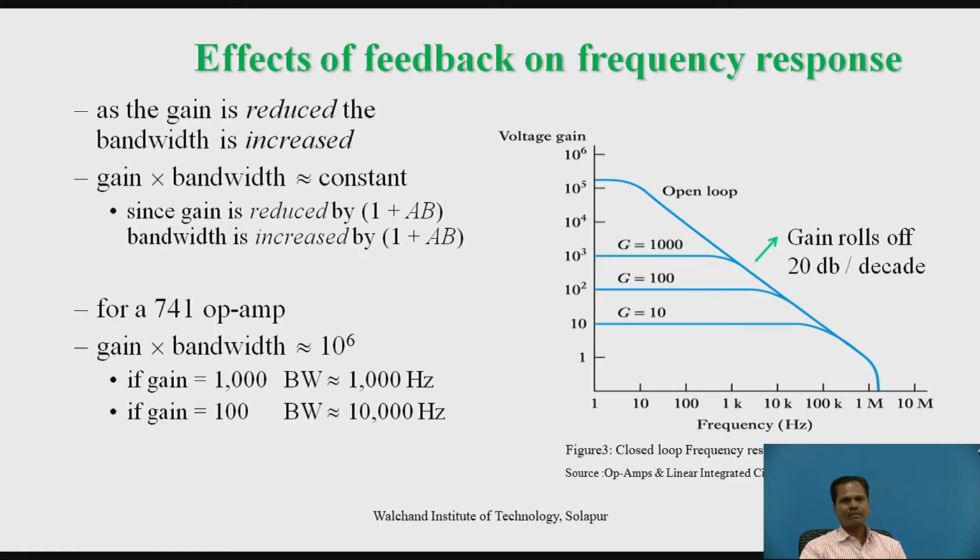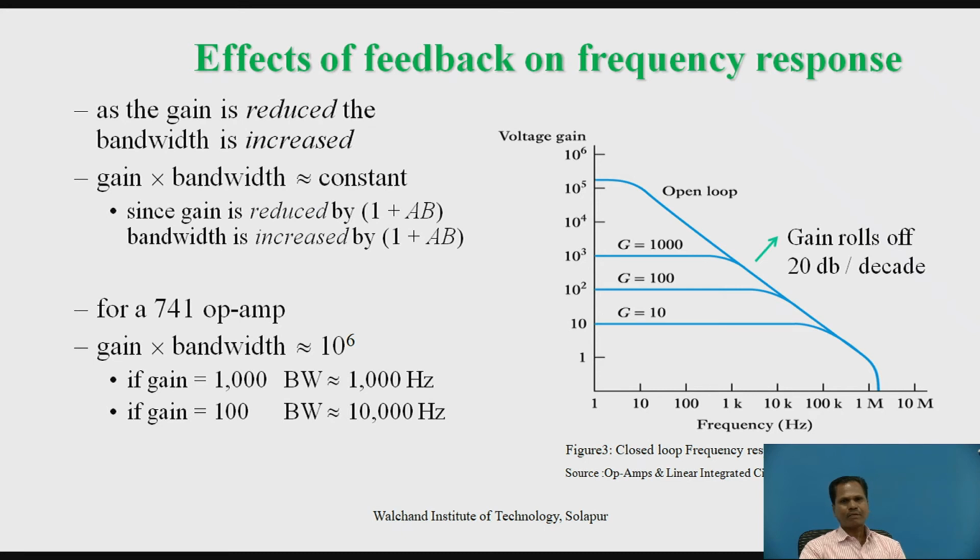Now let us think about the effect of feedback on frequency response. Considering a closed loop inverting amplifier or non-inverting amplifier whose voltage gain is reduced by a factor 1 plus AB, the voltage gain is reduced due to negative feedback.